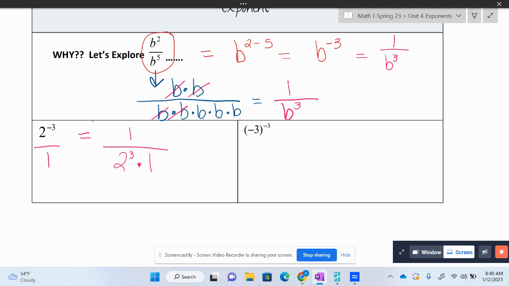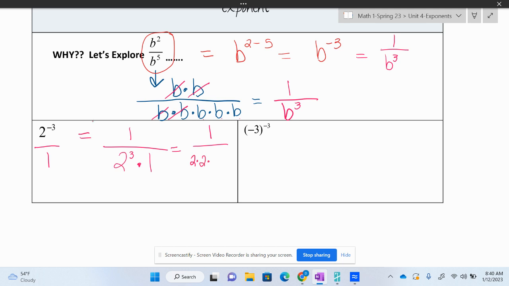And I have to put something in the top, so we fill it with a 1. So I have 1 over, what is 2 to the third power? Let's see. 2 times 2 times 2 times 1 is, yes, 8. 1 over 8.